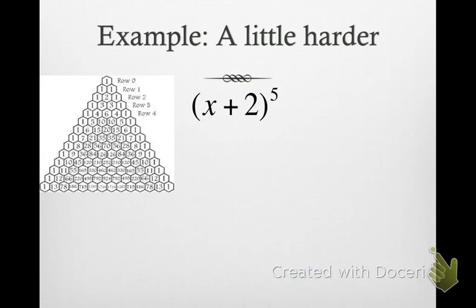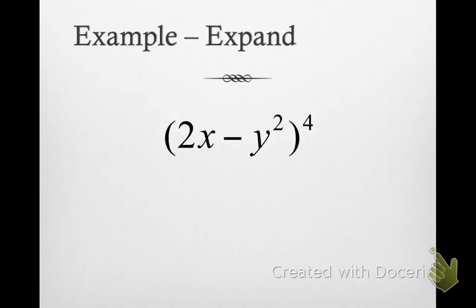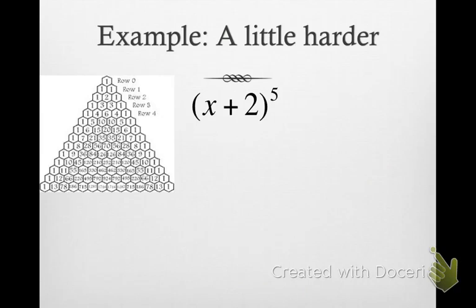All right, so if we're doing an expansion to the 5th power, we need to know 5 choose 0, 5 choose 1, 5 choose 2, and I can actually stop there. We can cheat and look at the 5th row.